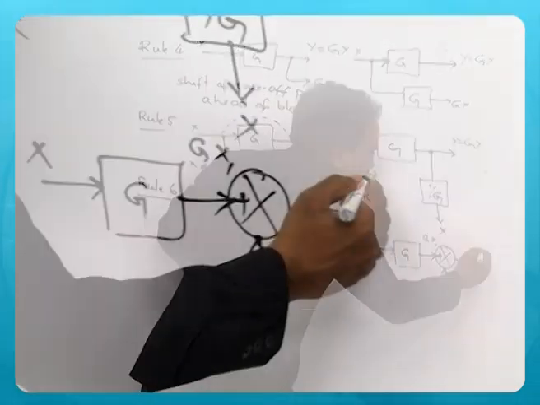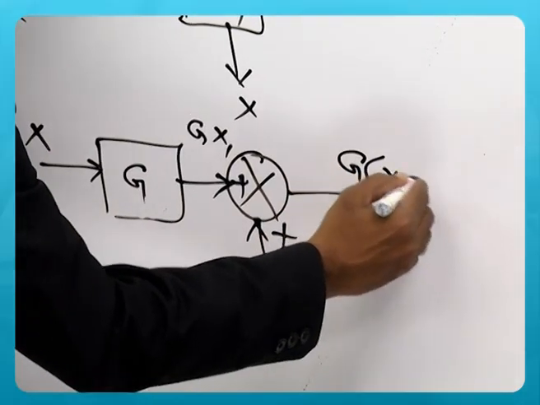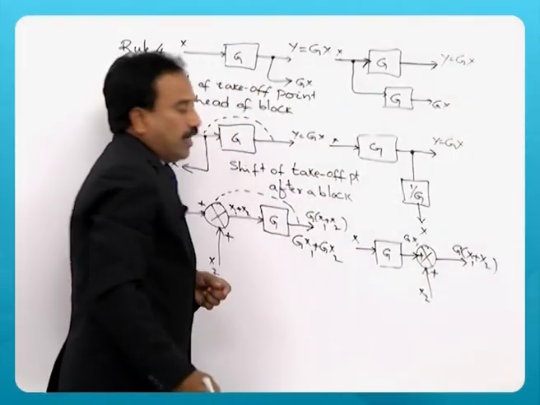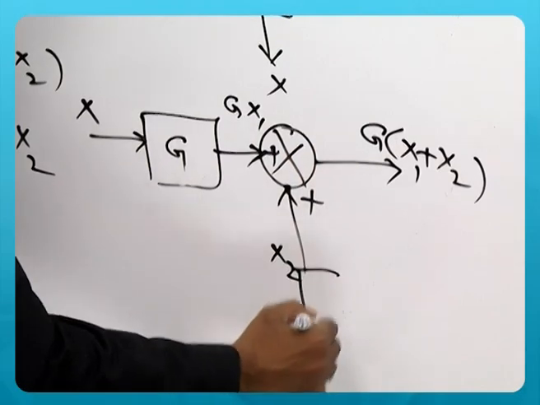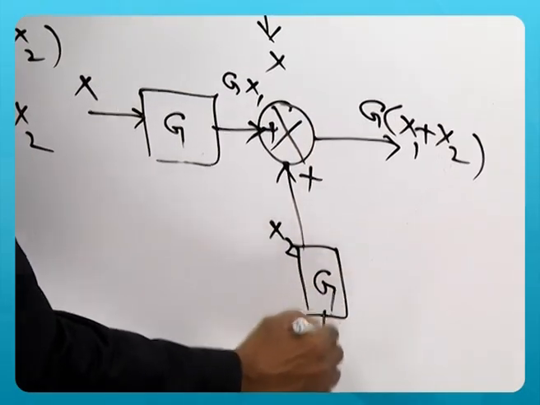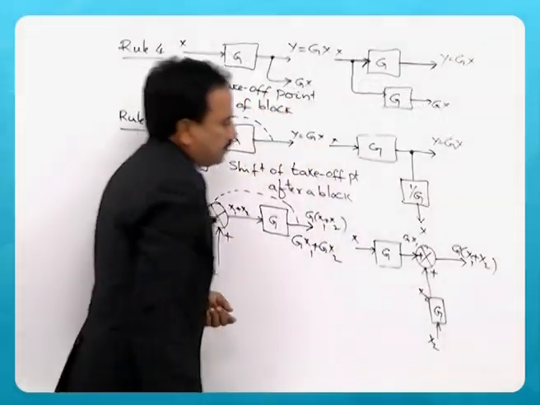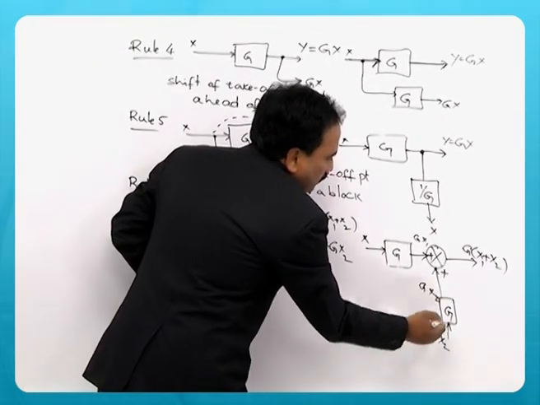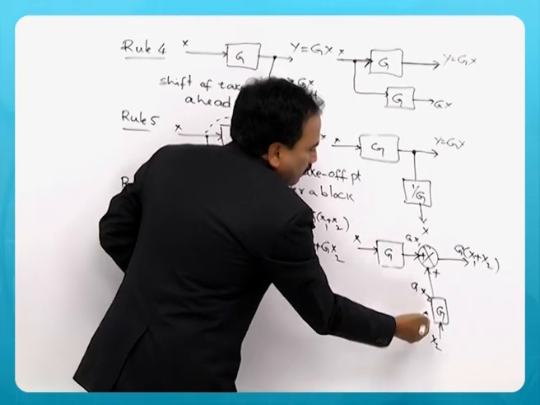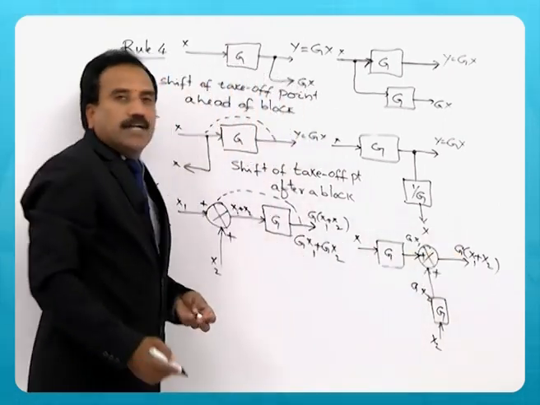To get g times x1 plus x2, I must add another block here, a block of g, then x2. So, the output of this block is now g times x2. So, gx1 plus gx2, it is added.